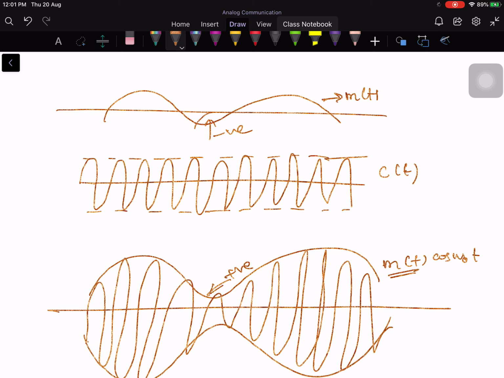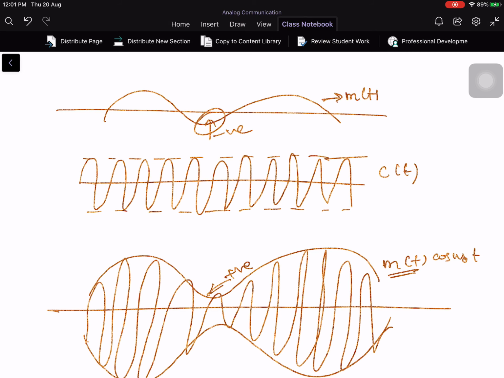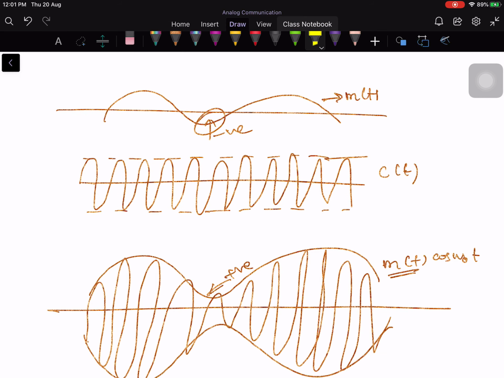Originally it was negative, this negative part becomes a positive part here. So therefore the instantaneous amplitude is governed by the modulus of m of t, the positive value of m of t. Therefore m of t itself will be positive and negative, but here it is completely positive.